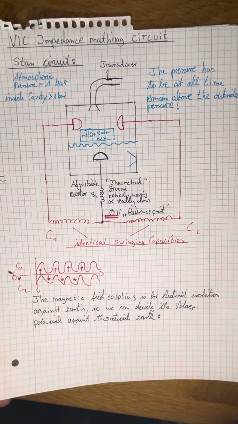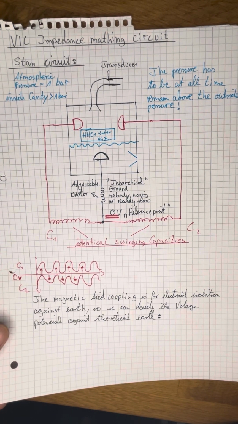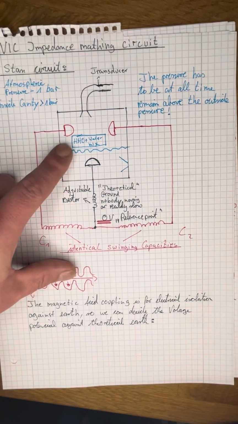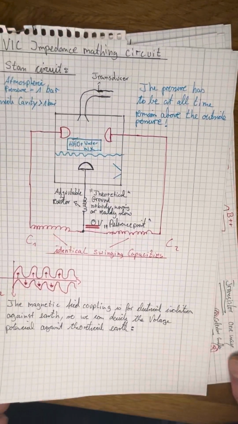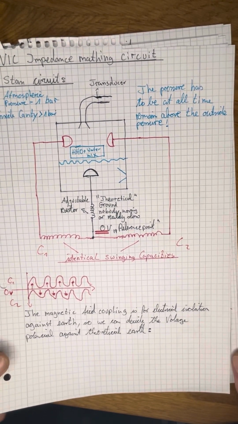Also the water pressure and the pressure in the water mix plus hydroxy, the oxyhydrogen mix here inside, has to be static. Yeah, so the dielectric barrier from the gas can also work.